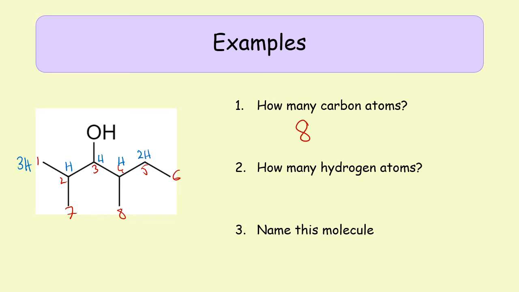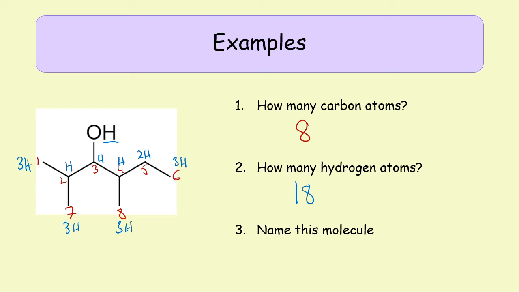Carbon number 6, 1 bond, so 3 hydrogens. And 7 and 8 both only have 1 bond, so there's 3 hydrogens each. So we've got 3, 6, 9, 10, 11, 12, 13, 14, 15, 16, 17, plus this hydrogen here, so we've got 18 hydrogens.